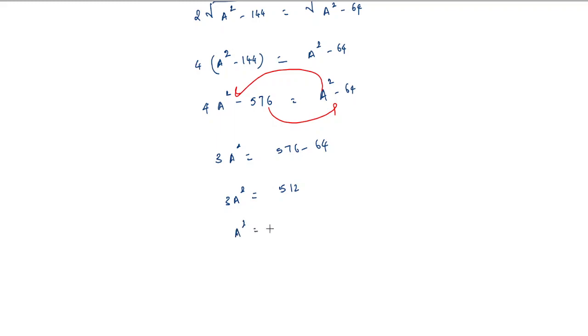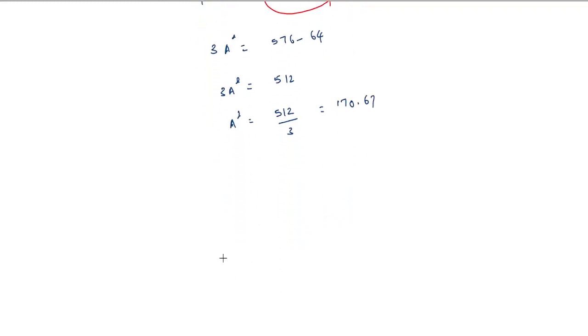A square is equal to 512 by 3, that will be around 170.67. We want a, so a is obtained by taking the square root of this term, 170.67, which is around 13.06. Remember the whole thing is in centimeter, so 13.06 centimeter. This is the required answer.